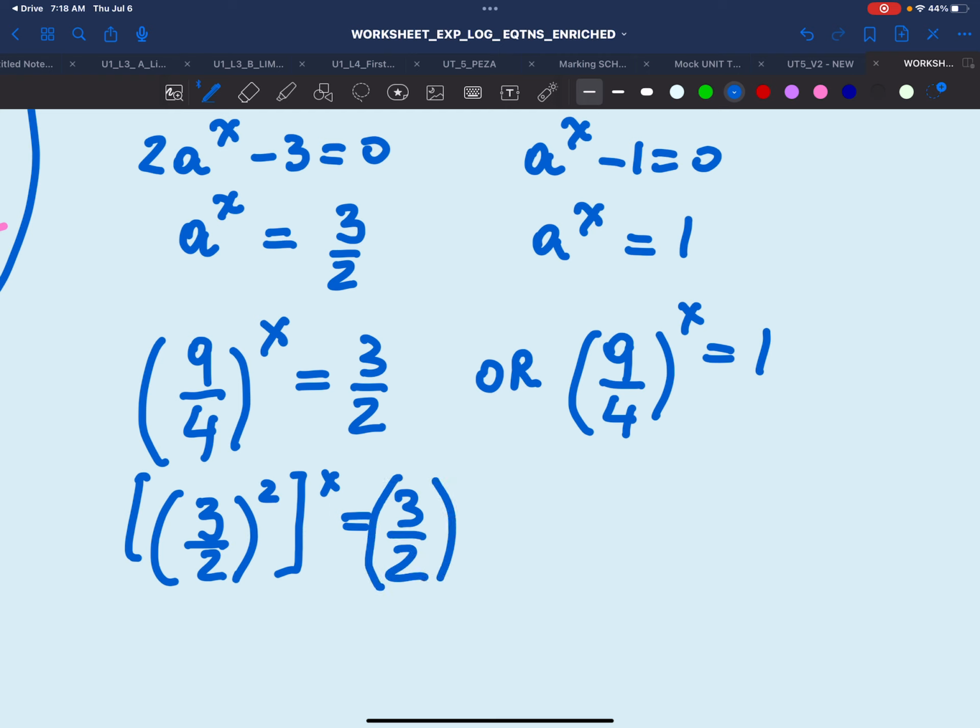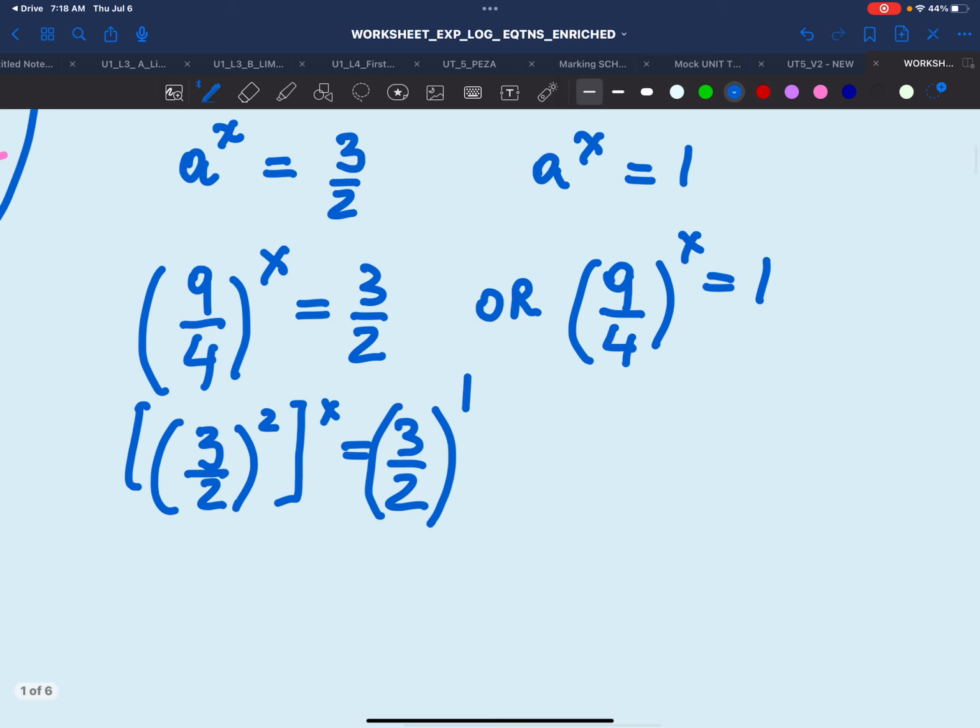And to see the power a little better, you can write a power of 1 for 3 over 2. Once the bases are exactly the same, 3 over 2, the exponents must be equal. The exponents in this case are 2x on the left side and 1 on the right side, which tells us that x must have been 1 over 2.